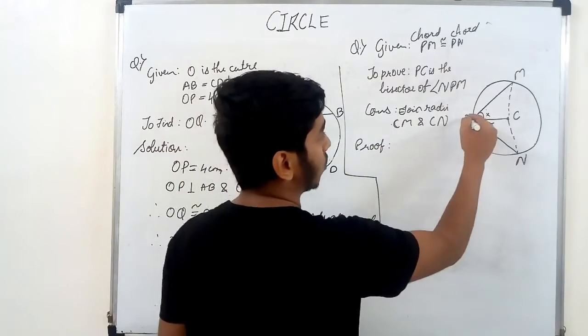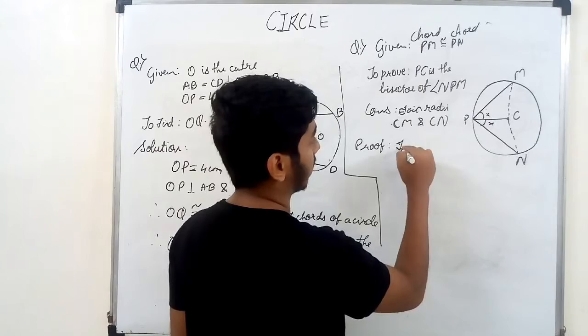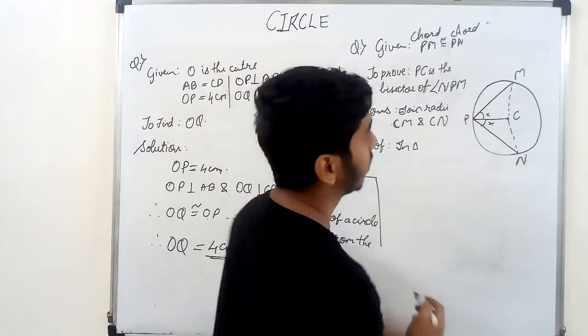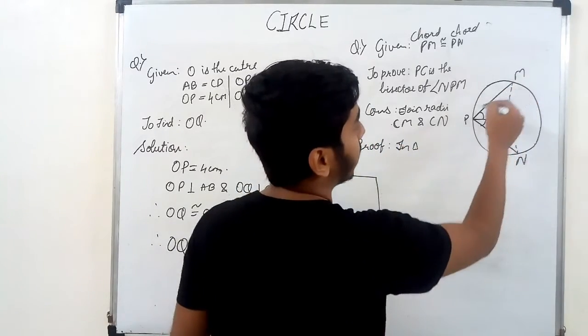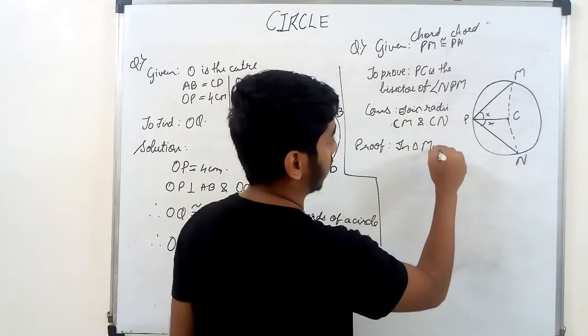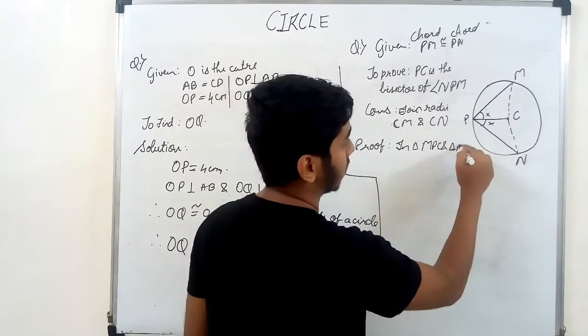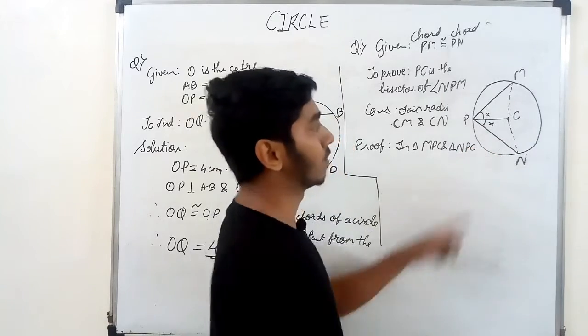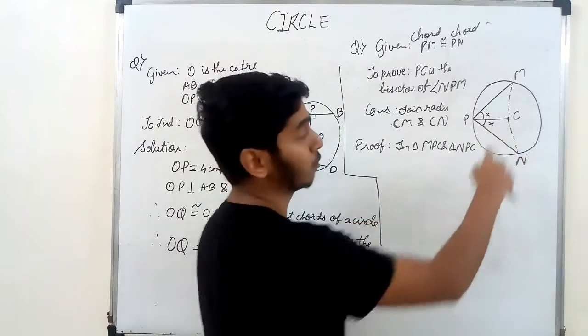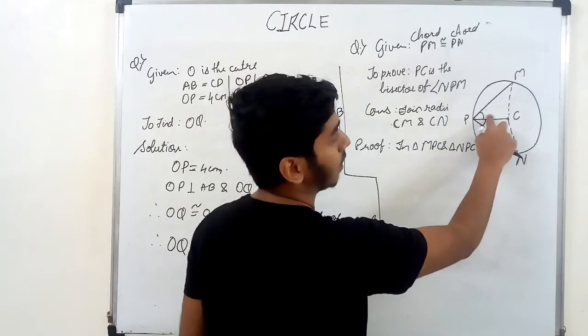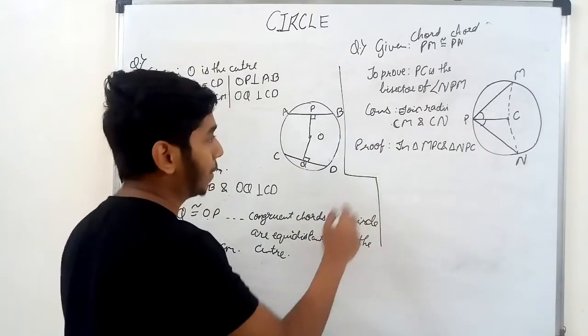We'll consider two triangles, triangle MPC and triangle NPC. We have considered these two triangles and we have to prove these two angles congruent. So let's see how we do.